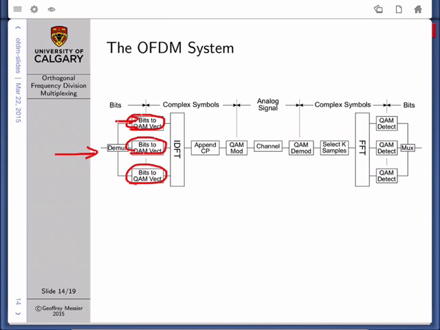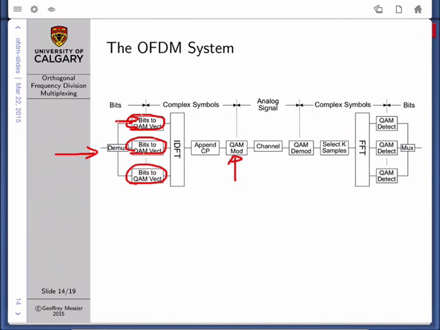We're then dealing with complex symbols or complex samples. We append our cyclic prefix, and then our complex symbols go into a QAM modulator that converts the real and imaginary signals to an actual transmitted analog signal. We go through our channel. We then have a QAM demodulator that converts back into complex symbols.